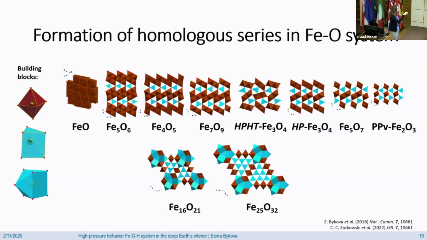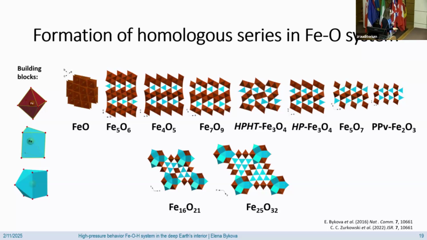And you start with wüstite, where you have only FeO6 octahedrons and just iron 2 plus. And adding more of these rods will give you more and more iron 3 plus. But it doesn't mean that iron 3 plus is located here and 2 plus is here. No, they actually are mixed valence compounds, and iron 2 plus and iron 3 plus don't have much preference. They can occupy both of the positions.